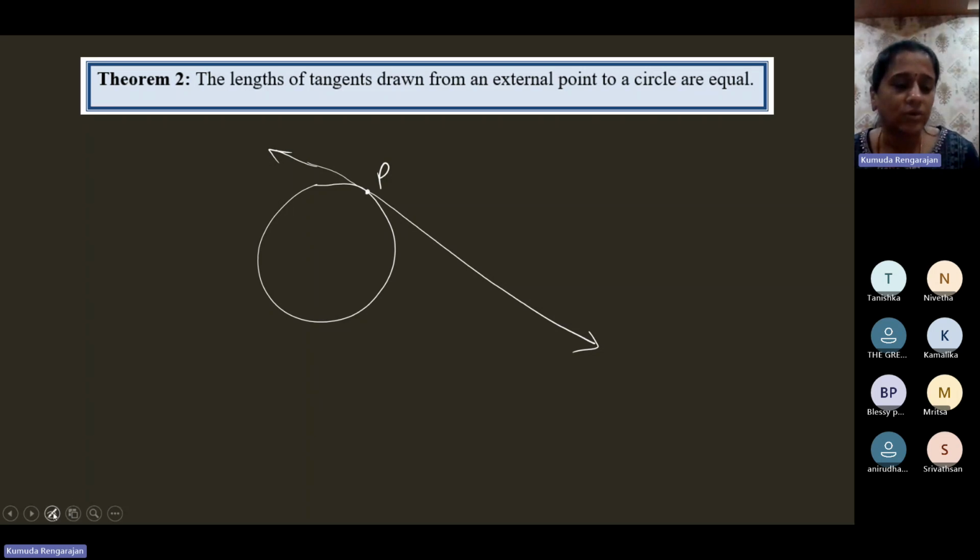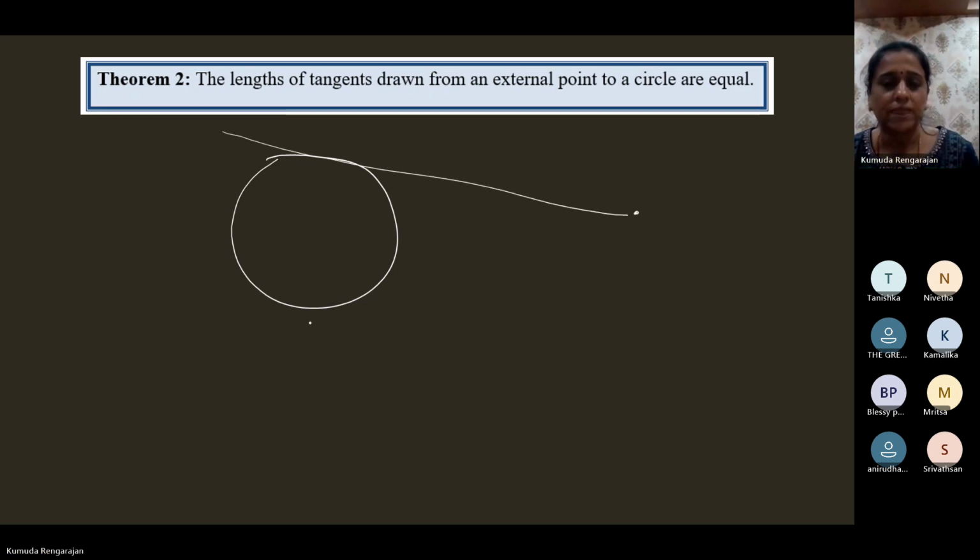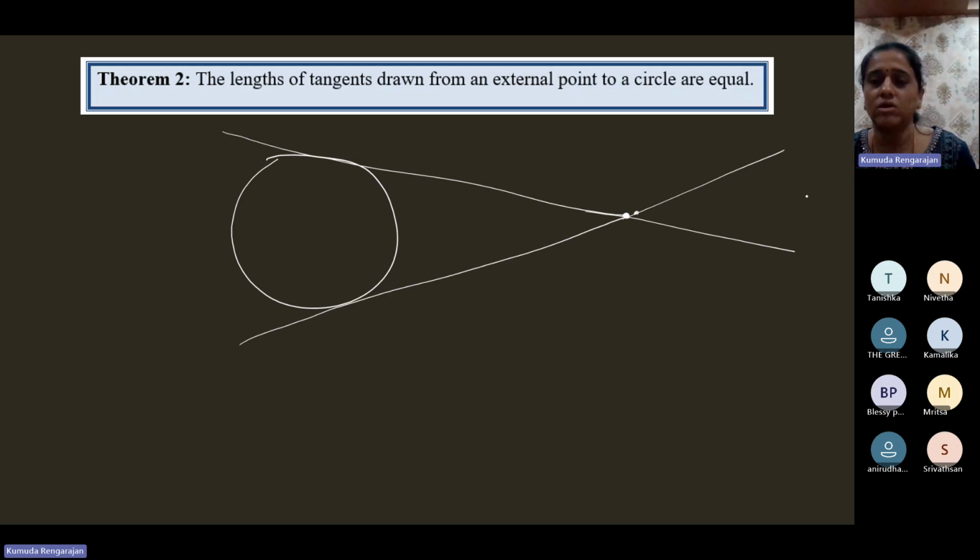Now, when we take a point outside the circle like this, we know that two tangents can be drawn, right? Excuse me, my drawing is not very neat. They are lines, so they go on like this. These are the two tangents from this point outside the circle.